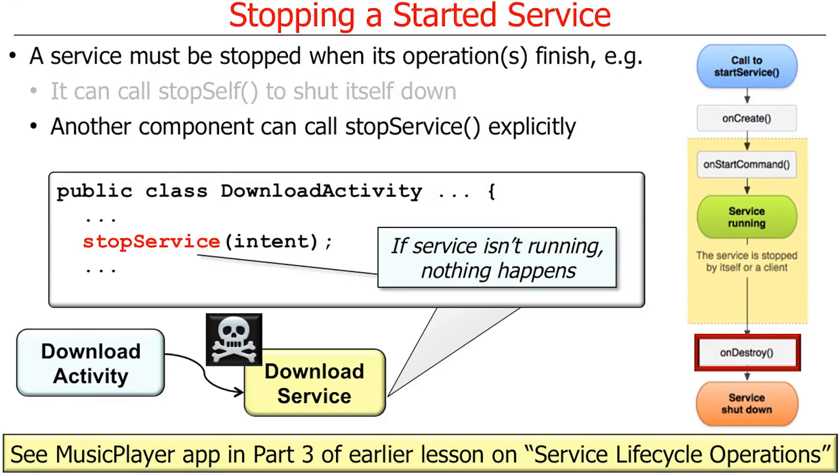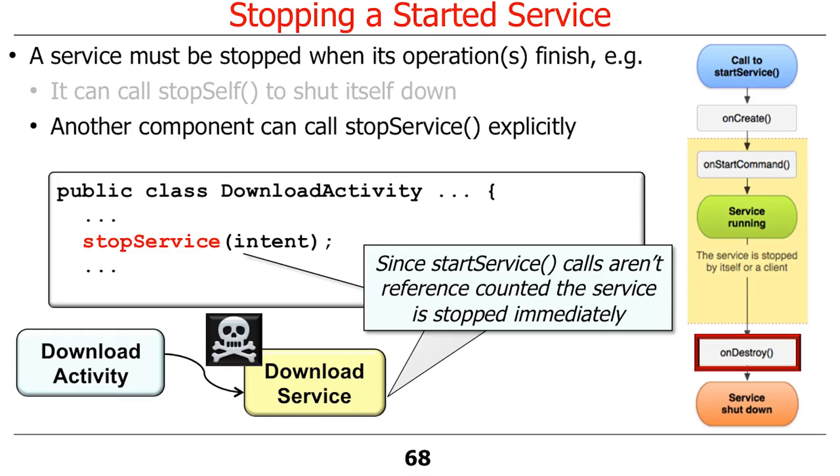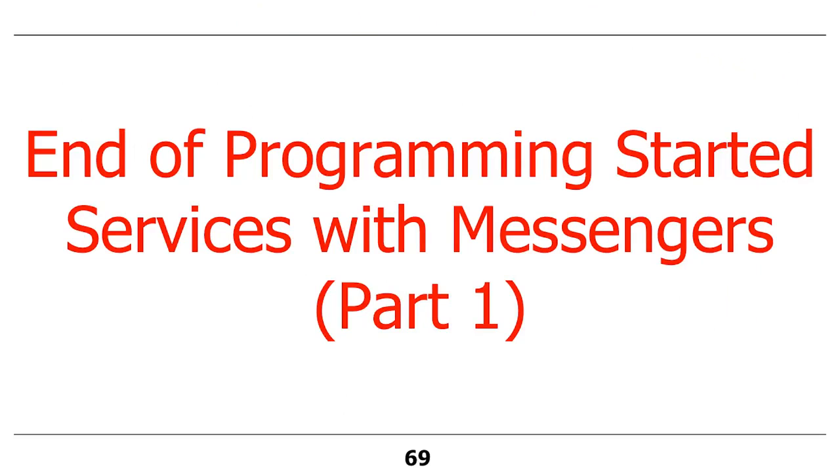Note that if the service isn't running, calling stop service has no effect at all. Moreover, since start service calls are not reference counted, the service will be stopped immediately, irrespective of how many times start service was called, which could be a problem. So use this particular mechanism very carefully. This concludes part 1 of our lesson on programming started services with messengers.